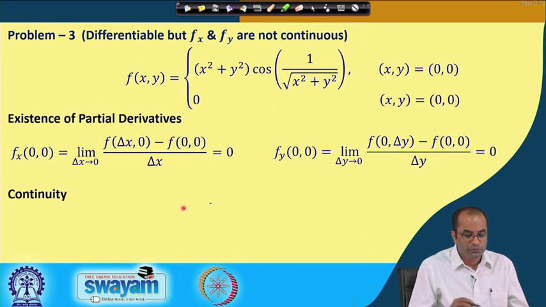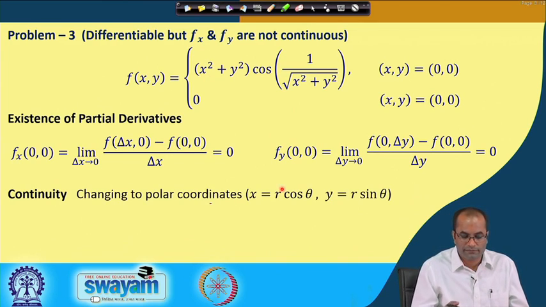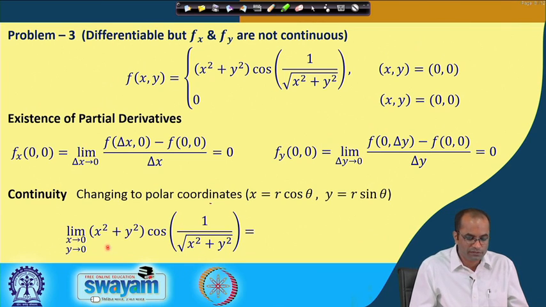Now, checking the continuity of the function is again easier, because when (x, y) goes to (0, 0), there is something bounded sitting here, and x y goes to 0. So, naturally this f(x, y) will go to 0 as (x, y) goes to (0, 0). Again we can see this by changing to polar coordinates also.